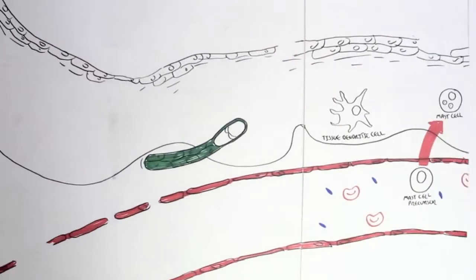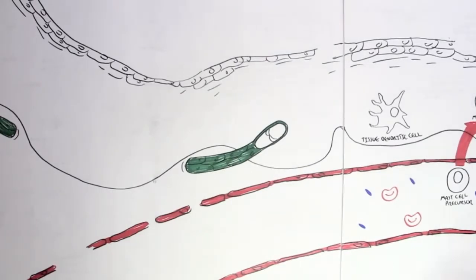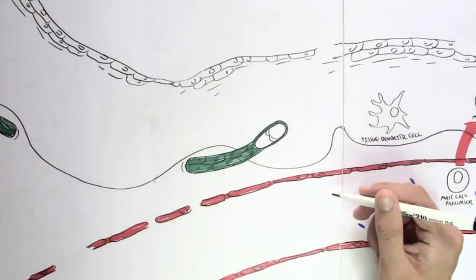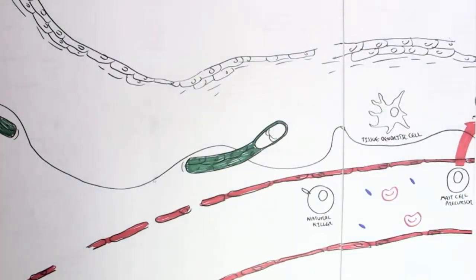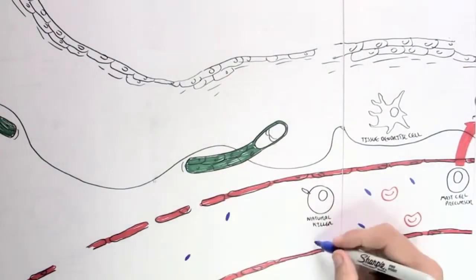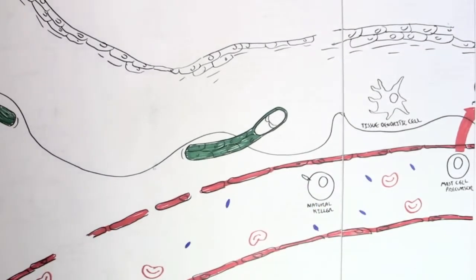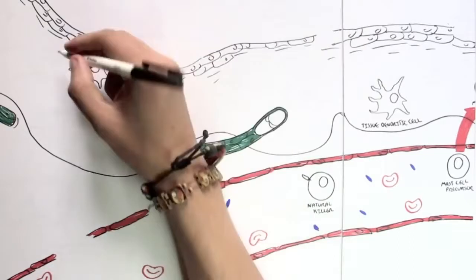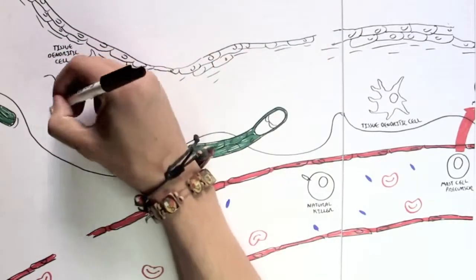Now, continuing on, if we follow the blood vessel and the tissues above it, we can see many other things. We see erythrocytes and complement proteins circulating in the bloodstream, and all other types of leukocytes, such as this natural killer cell. In the tissue above, we can see tissue dendritic cells and tissue macrophages, which are not activated yet, but are situated there as a defense mechanism, right?